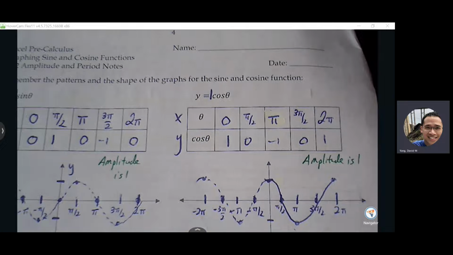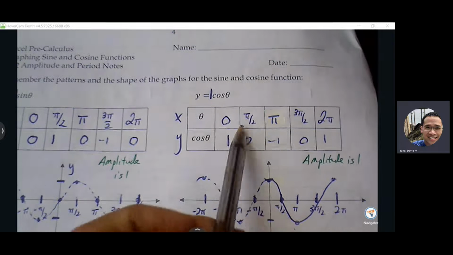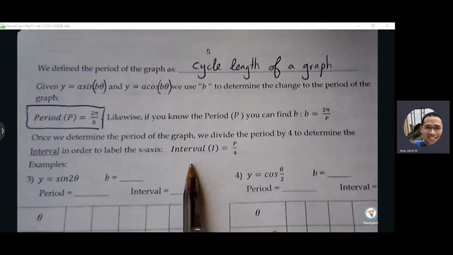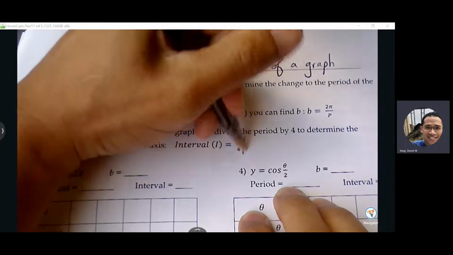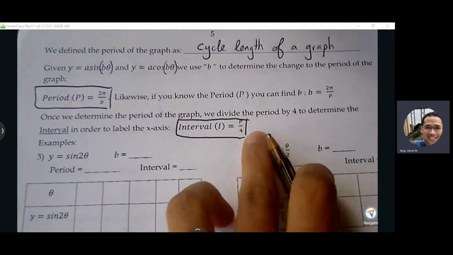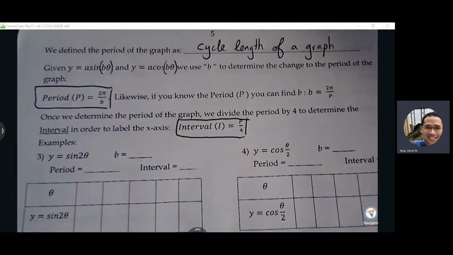It could be smaller, it could be wider, but we're always going to divide by 4, which will give us 5 subintervals. So that formula, that interval, that's going to help us determine what to put in each slot is p divided by 4. It's the new period sliced into 4 subsections.